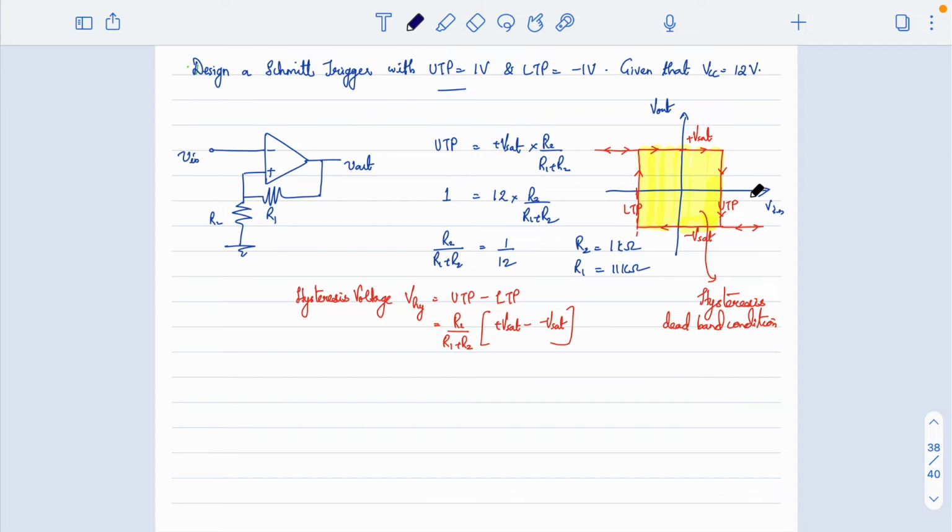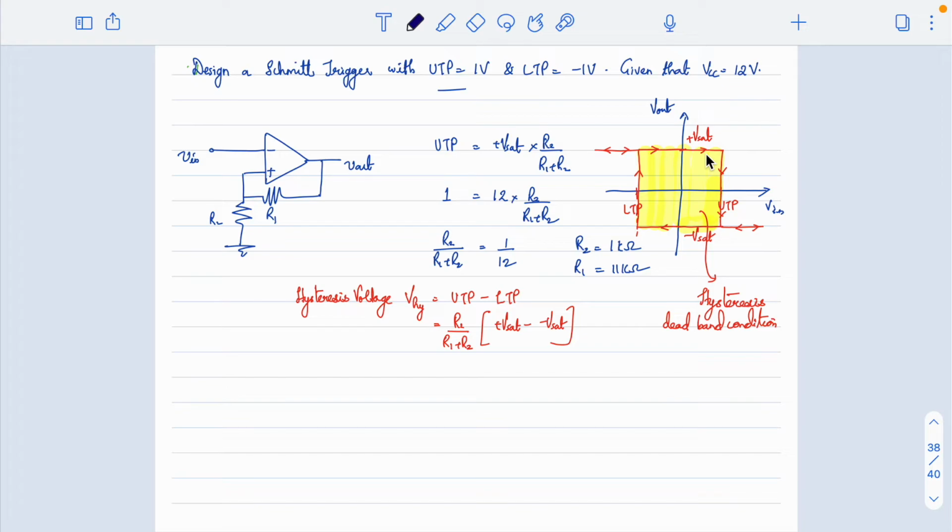Now what we have here is an inverting comparator, that also you have to keep in mind. We can also design in a non-inverting fashion, and we will see how we can do that.